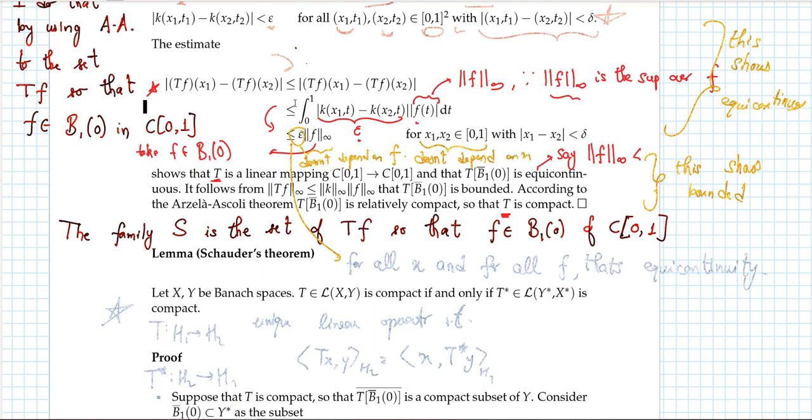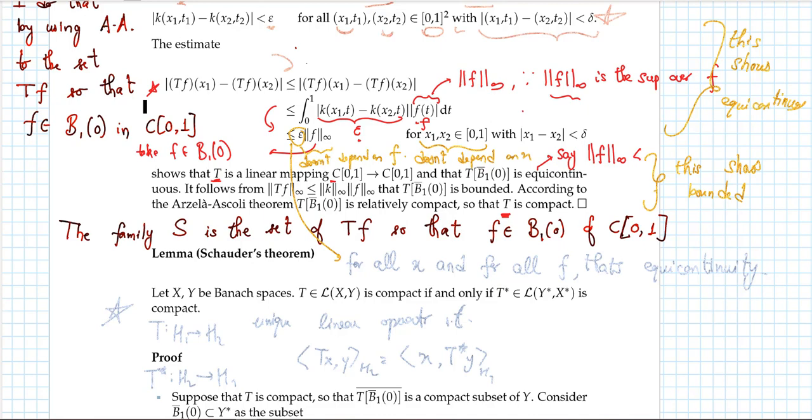So next I see that this is less than epsilon times the infinity norm of f. So if I take f in a ball of radius 1 centered around 0 in C[0,1], so this f is in this ball.